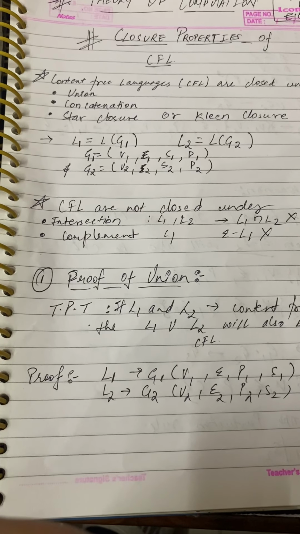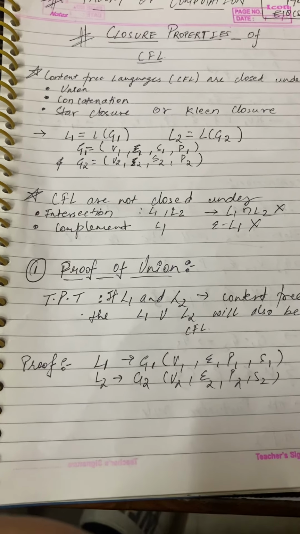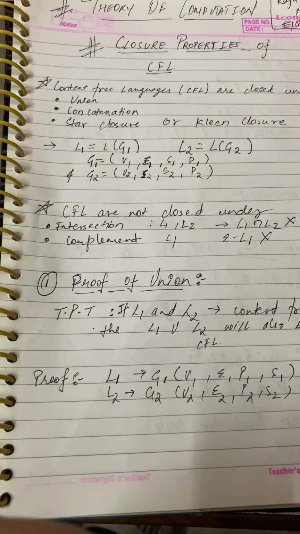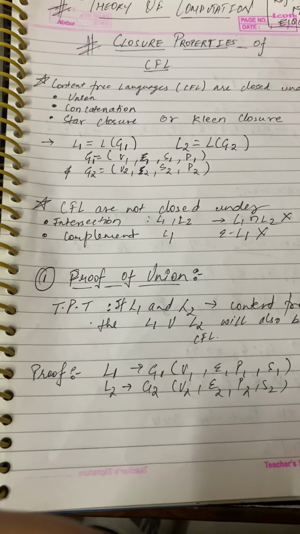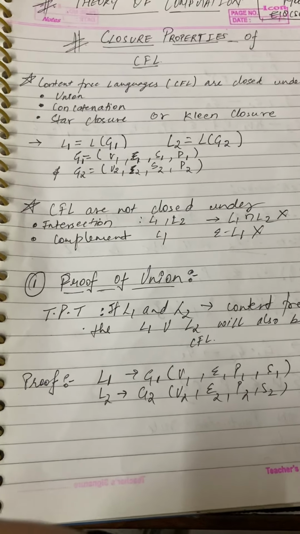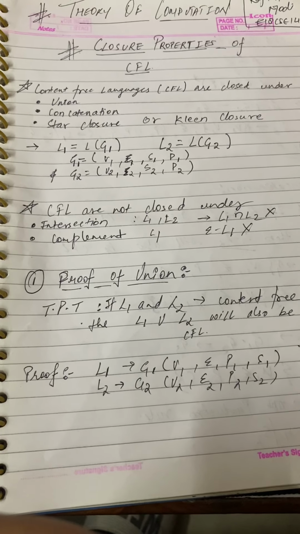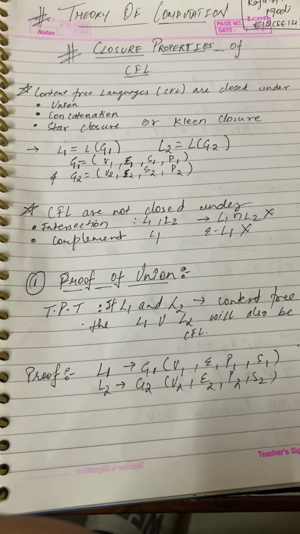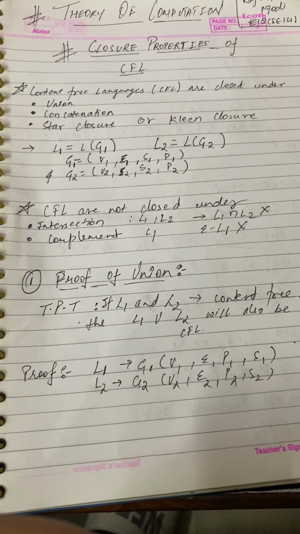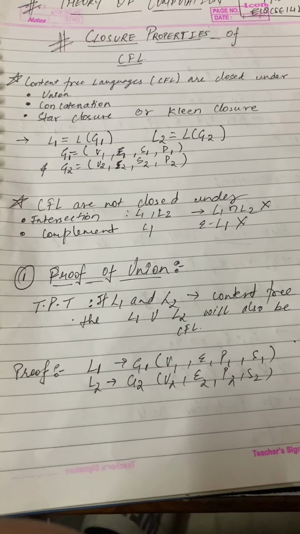Similarly for G2, V2 will represent the set of non-terminals, sigma 2 will represent the set of terminals, S2 will represent the start symbol for grammar 2, and P2 will represent the production rules for grammar 2.